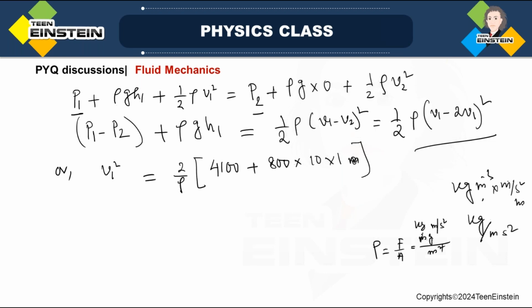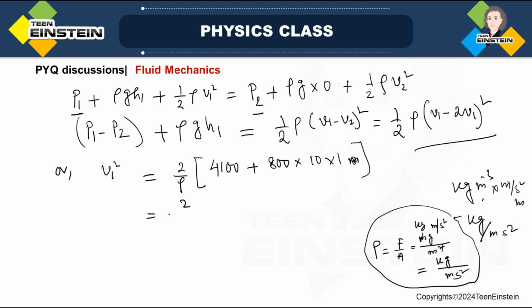So I have here kg per meter second square. This is in SI unit, this is all right. So this will have the unit of pressure itself, so this could be added.